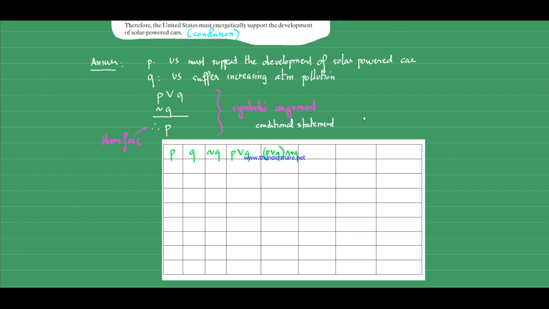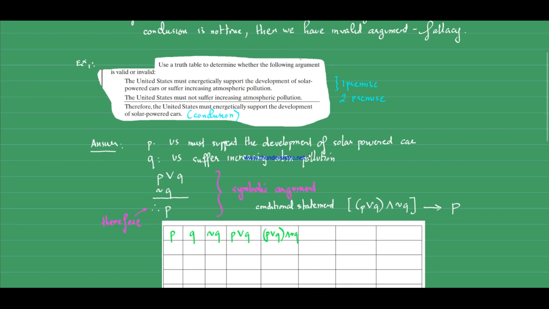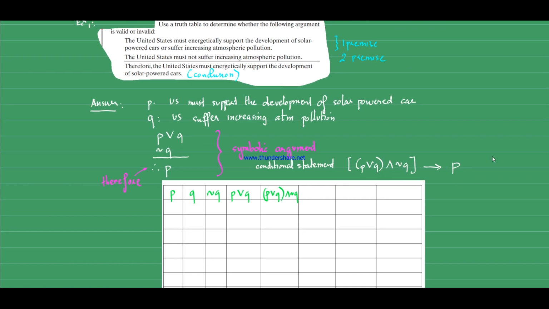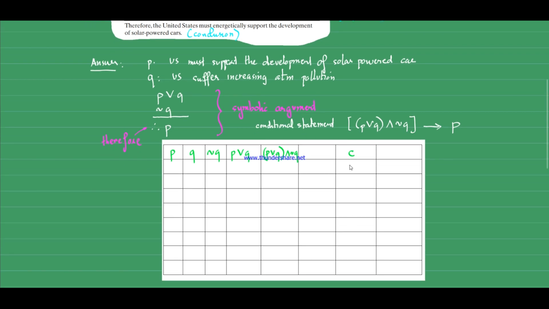The conditional statement has the antecedent, which will be P or Q intersect with the negation of Q, implies P. That is the conditional statement we need to do, and I call this conditional statement C. So I'm gonna put C over here, and I have to check C. If the C column turns out to be all true, it means tautology, then the whole argument is valid.